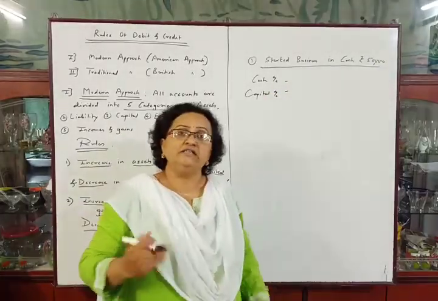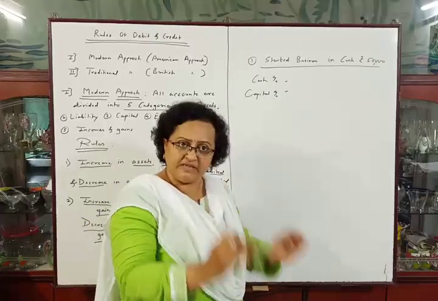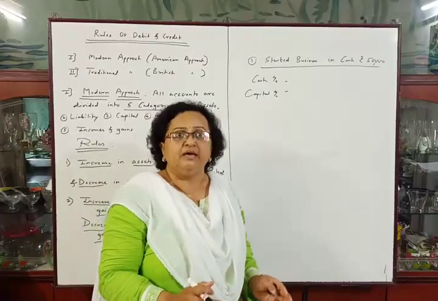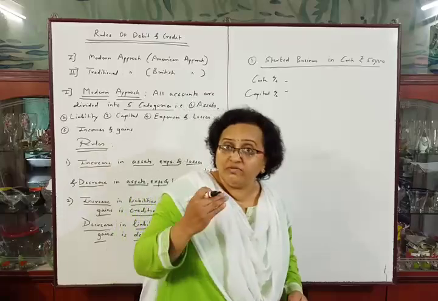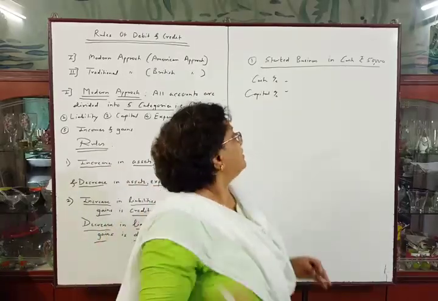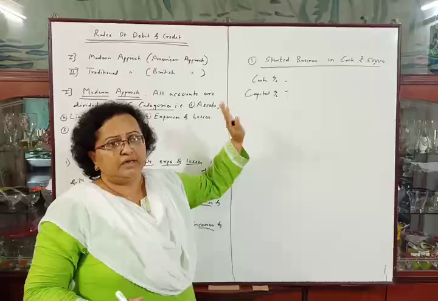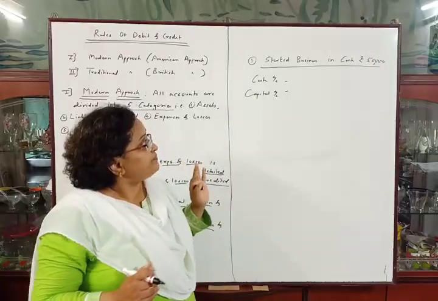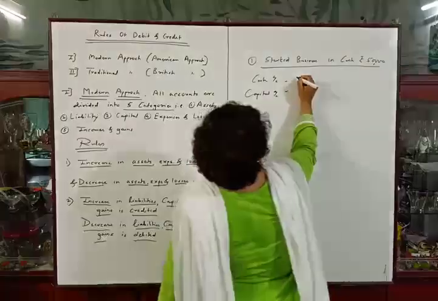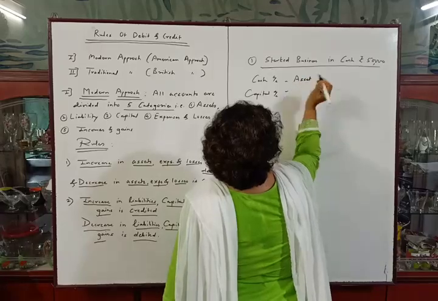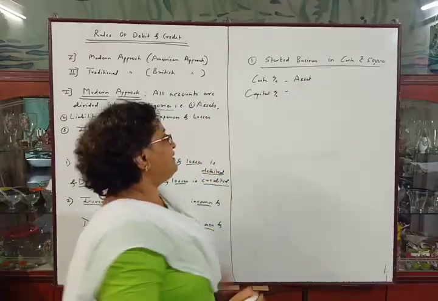Because the owner has invested something into the business, so capital is created, which is the liability of the business towards the owner. Okay, these two accounts are involved in this transaction. Now see, cash is an asset, and capital is capital.